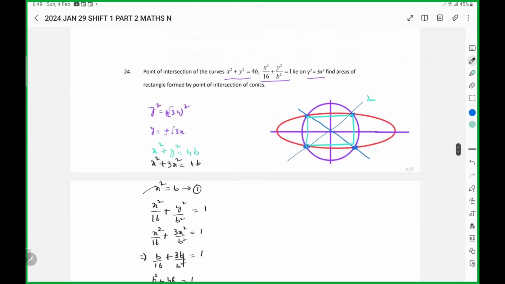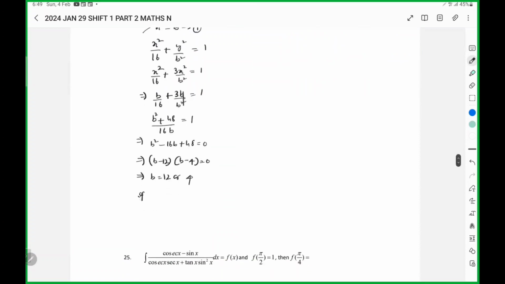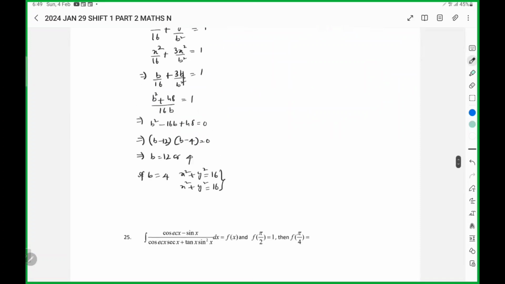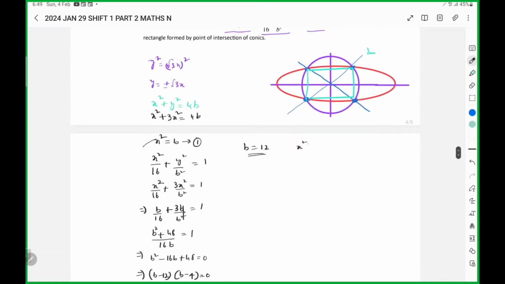If b is 4, what happens? Both will be the same. They are not different circles, so the ellipse also becomes a circle. So let us take b as 12. Then in such a case, x here is this, and once x is this, y is root 3x.